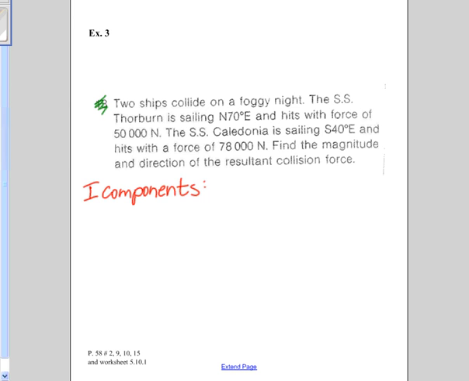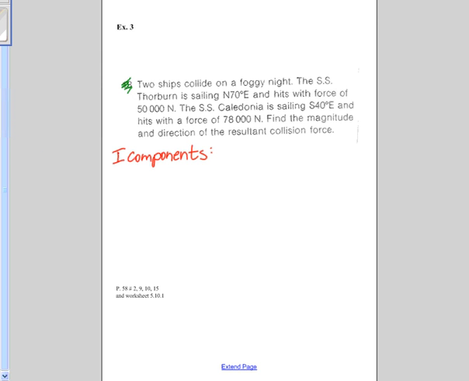I would like to have a little diagram here to help me with this problem. We have the Thorburn, and it is sailing north 70 degrees east. So he heads due north, turns 70 degrees towards the east. Okay, that is our Thorburn, T, and it is 50,000 newtons.